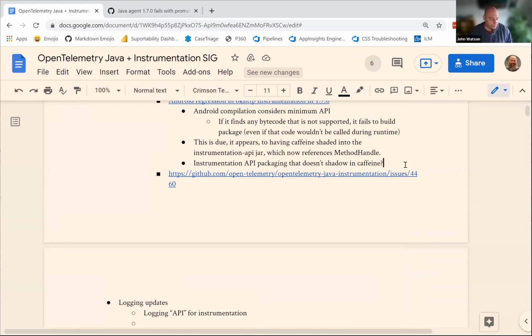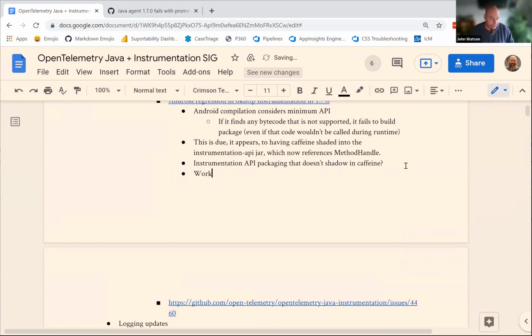In the meantime, I'm trying to see if I can work around it in this specific case by shading the instrumentation API jar into our library jar and excluding those classes specifically. But I'm still trying to figure out how to do that. Android Gradle is not the same as regular Gradle, so I'm sorting out how Shadow Jar even works with it.